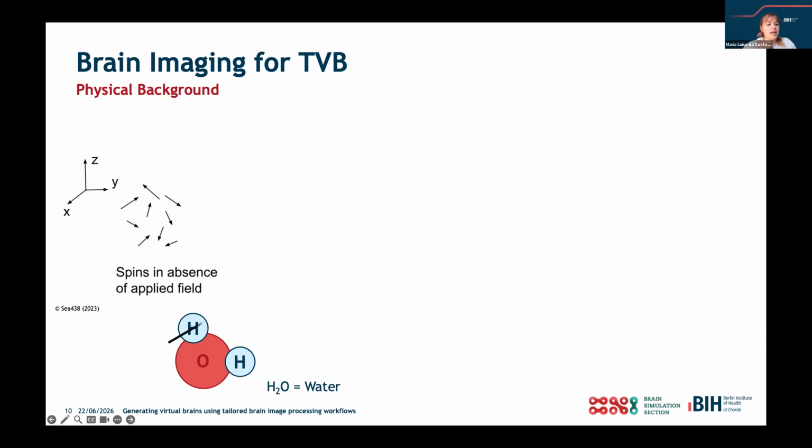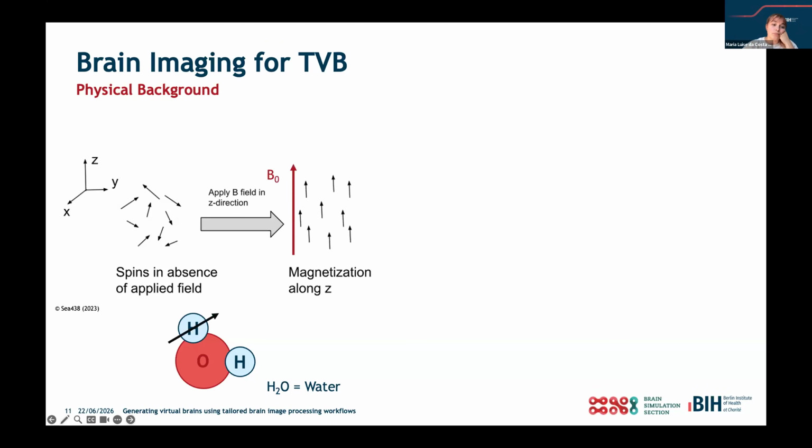Here we represent it as an arrow. In the absence of a magnetic field, these spins are randomly distributed. If we now apply our B0 field, they all align.